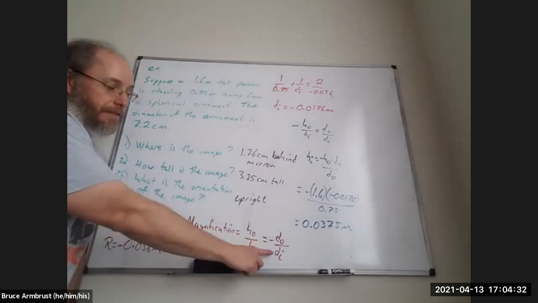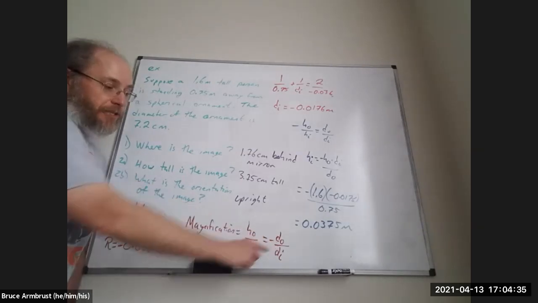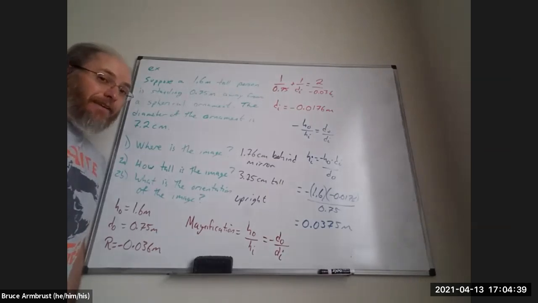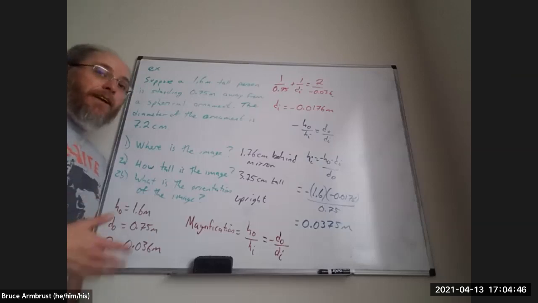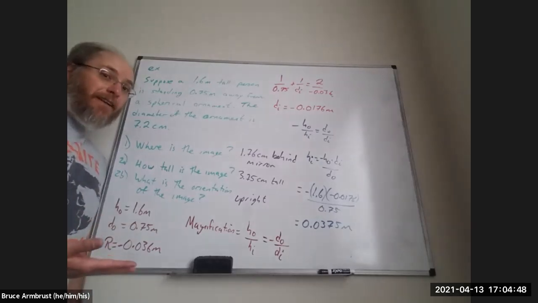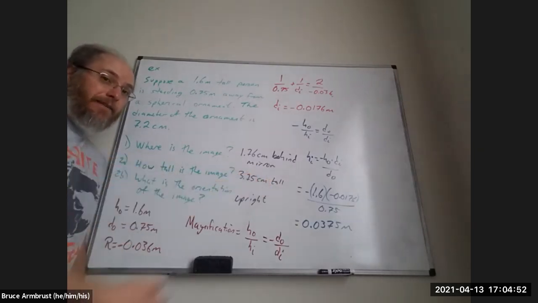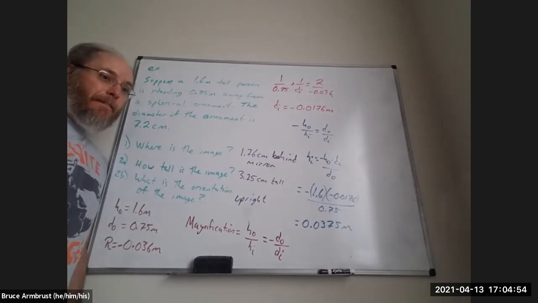Well, if this is positive, that means the ratio of the locations has to be negative. All right, well, if we're talking about one that's convex, if your image is behind, then it's going to be upright. If your image is in front, it's going to be upside down.